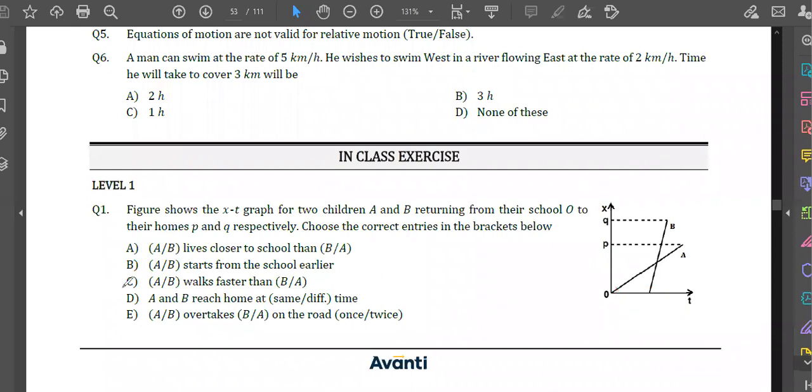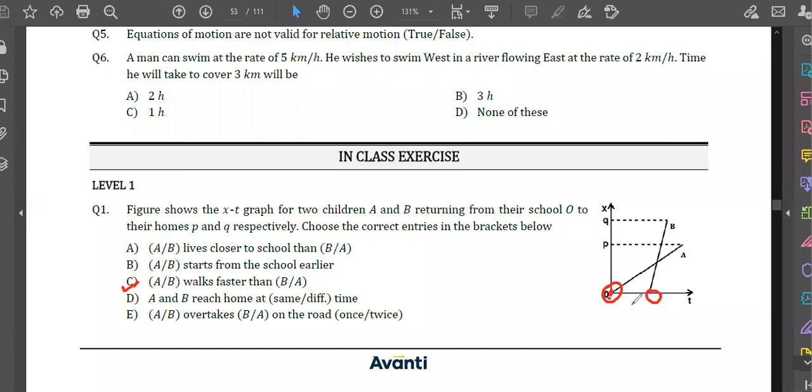C: dash walks faster than dash. Now, who walks faster, A or B? See, this journey of A starts at time t equal to 0, because the slope starts from 0, which means the journey of A starts from time 0, whereas the journey of B starts after some time.